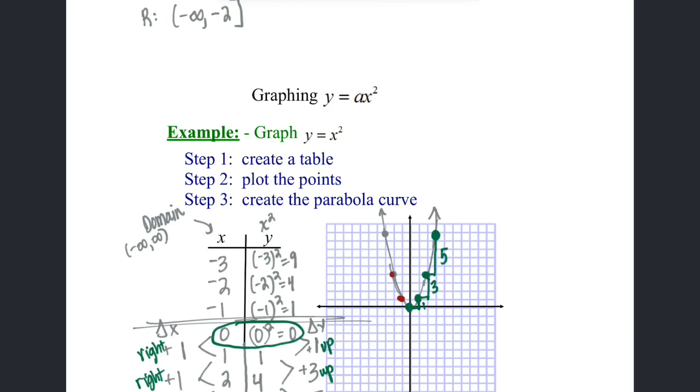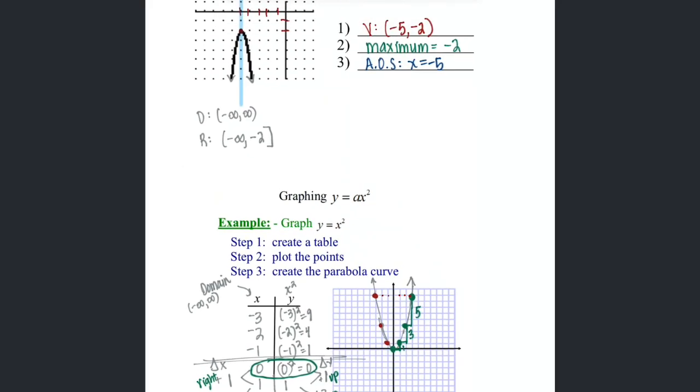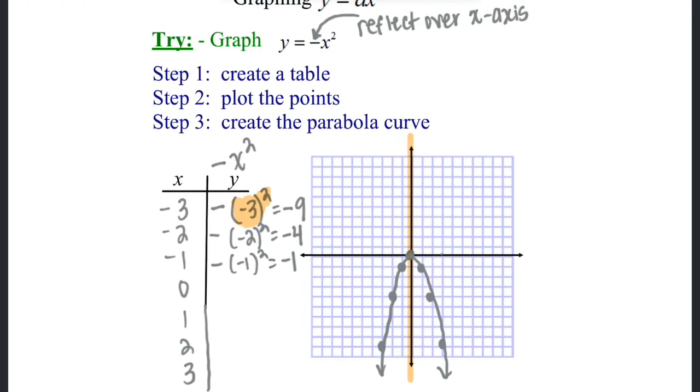And then I take all those green points and I reflect them over the axis of symmetry so that 1, 2, 3 to the right of the axis of symmetry, 1, 2, 3 to the left of the axis of symmetry. And that's how we graph our parabolas when we have y equals 1x squared.